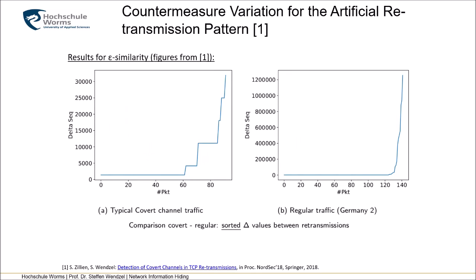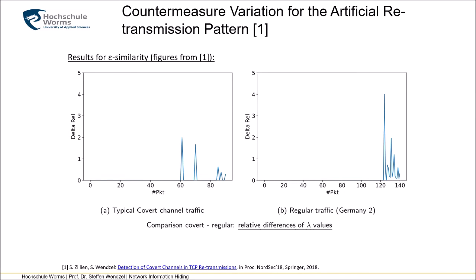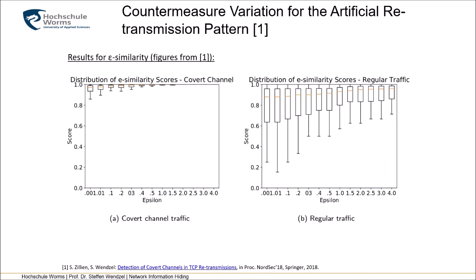If we sort these values, then you get a smooth increase for the regular traffic, and you get sharp increases for the covert channel traffic, as seen on the left side. Now, if you calculate the lambda values, which are the relative increases here, and apply some threshold, then you will see that for the covert channel traffic, a different number of lambda values are below and above the threshold than for legitimate traffic.